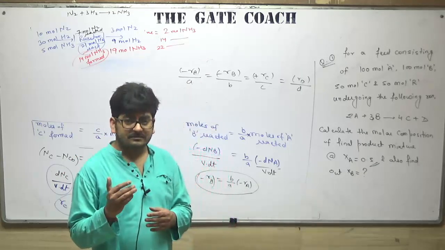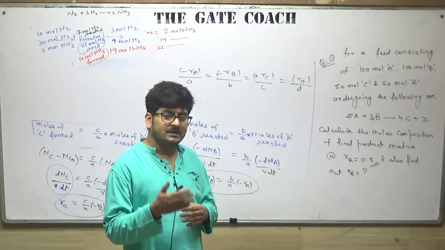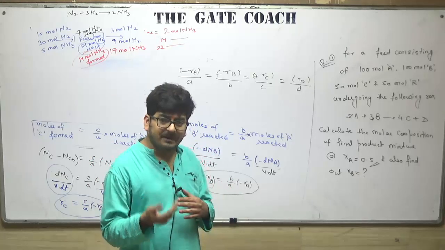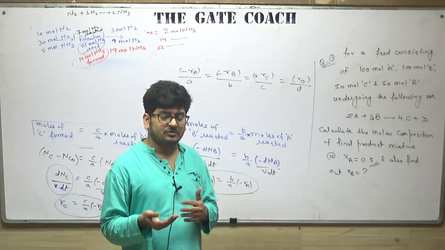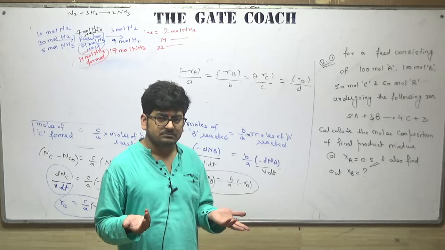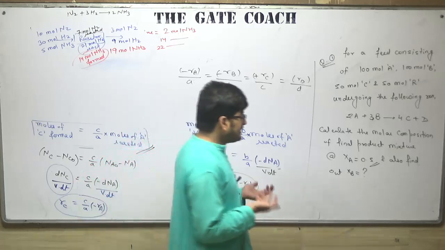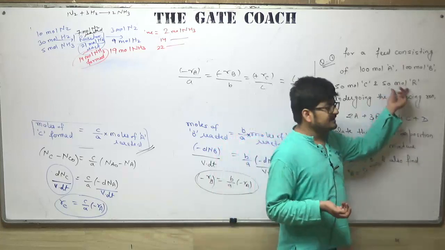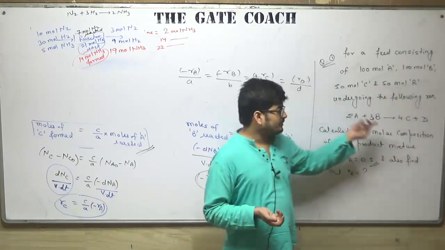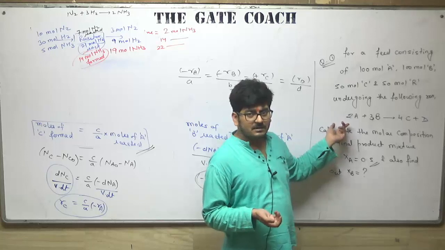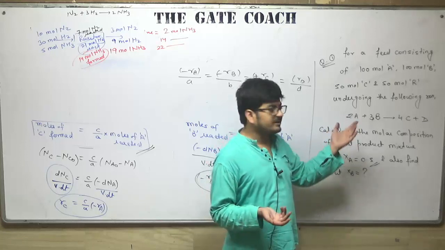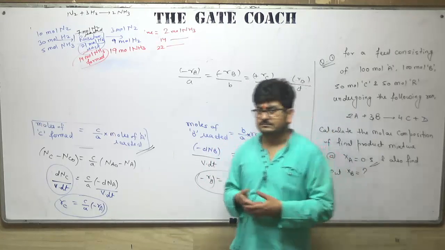But the nitrogen in the feed does not participate in the reaction, so nitrogen acts like an inert. Similarly here, the feed has R. R is not participating in the reaction, so R will act like an inert.